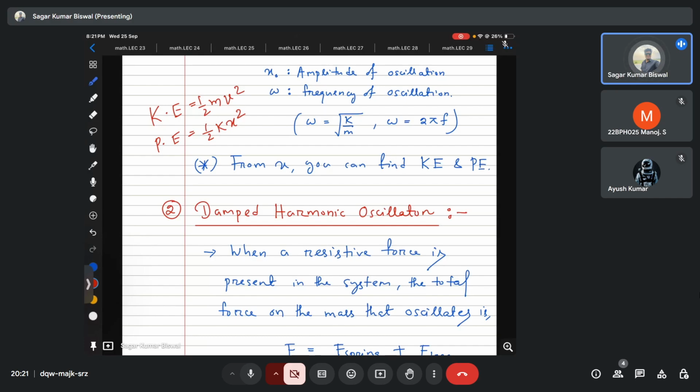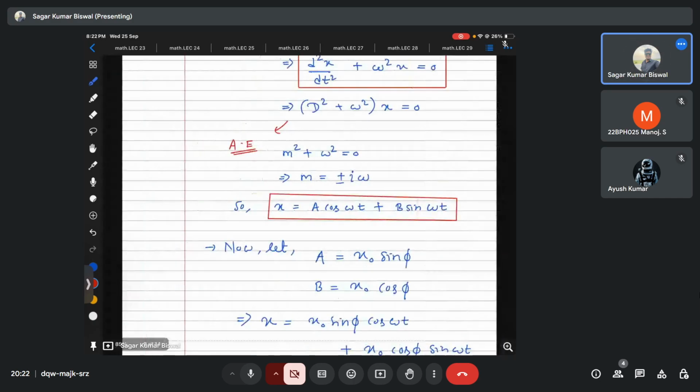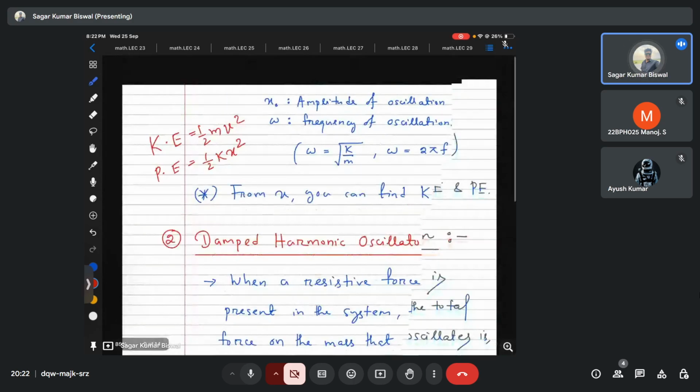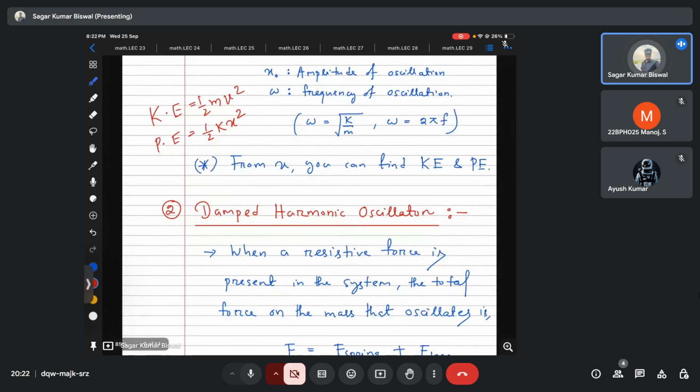You may have learned in the 11th class that kinetic energy is half mv square and potential energy for the system is half kx square for the spring mass system, right? So you know what x is. Then you can also find v by taking the derivative with respect to time. v is dx by dt. So from this you can also find the kinetic energy and the potential energy of the system, right?